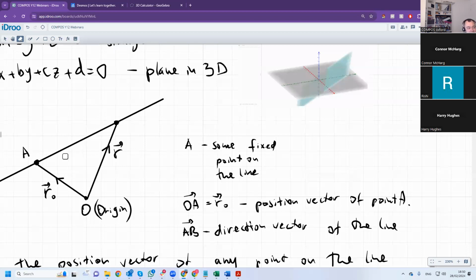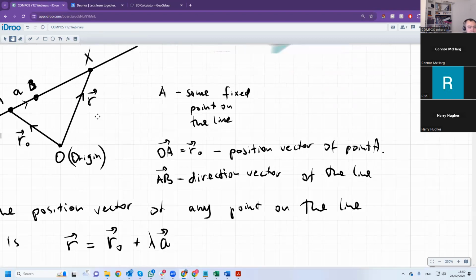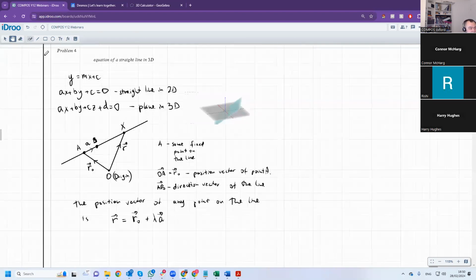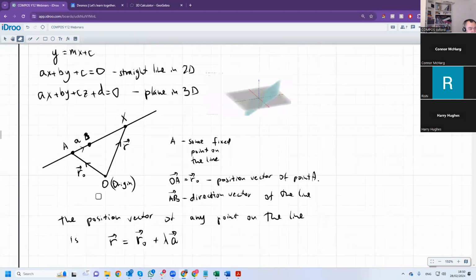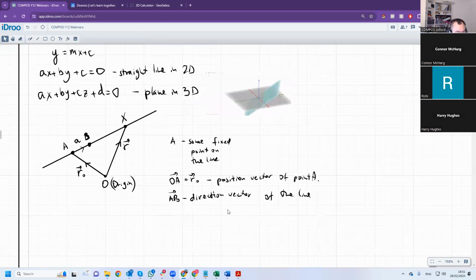Let's call this B, and this vector A. If we multiply the vector A by lambda, we get vector AX. I really don't want to confuse you too much. Sorry. I'll delete this.